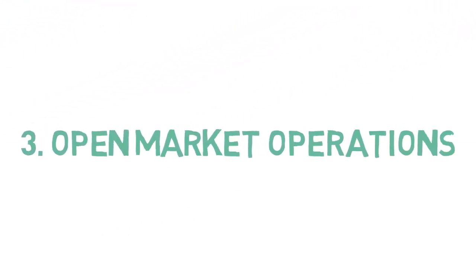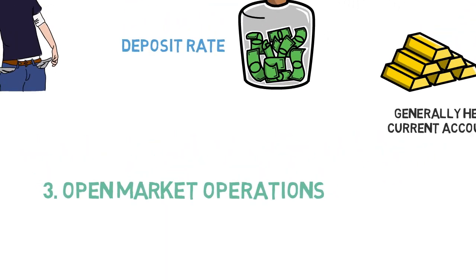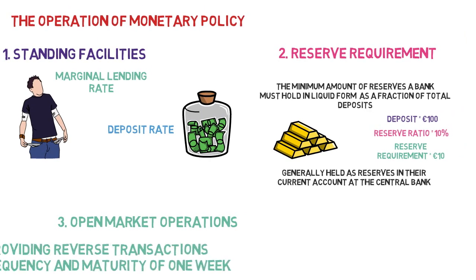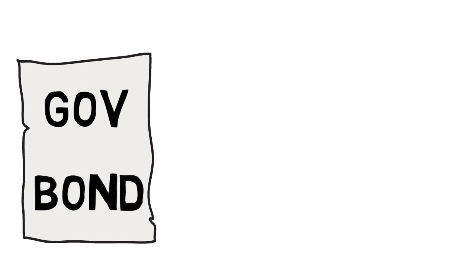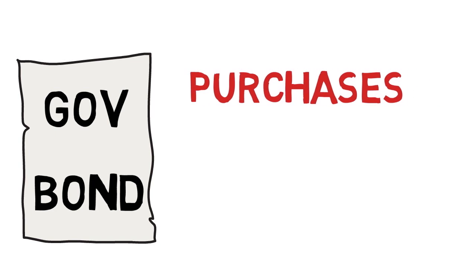The third tool is open market operations, and this is the buying and selling of government bonds. So the definition is it's regular liquidity providing reverse transactions, generally with a frequency and maturity of 1 week. So what is it a reverse transaction of? Well, it's a transaction of a government bond, not directly issued by the government, but bought and sold in secondary markets.